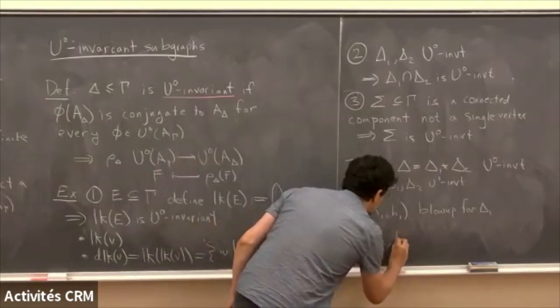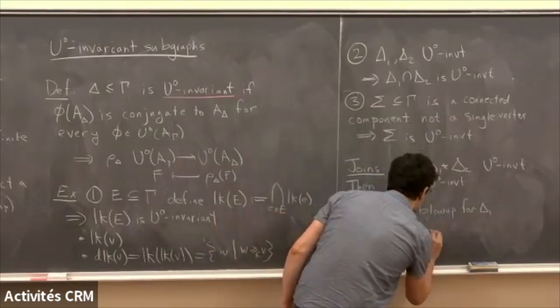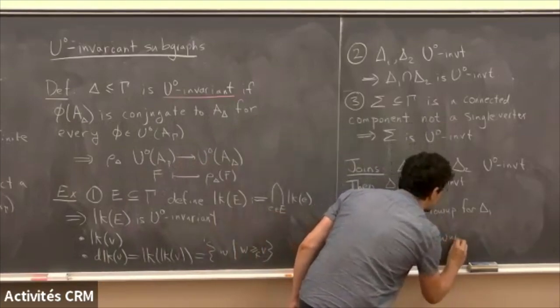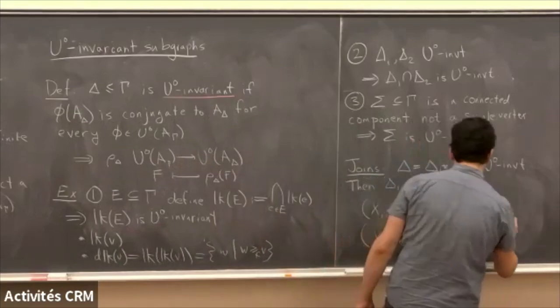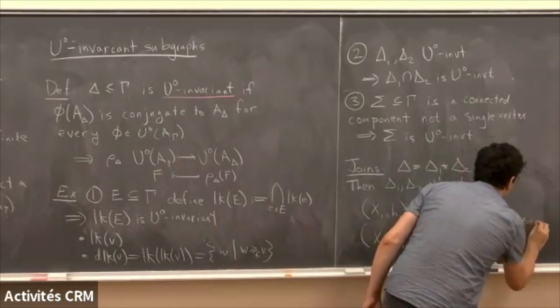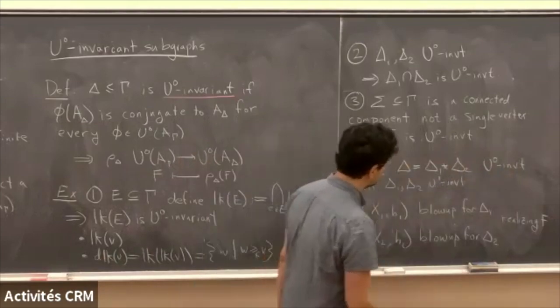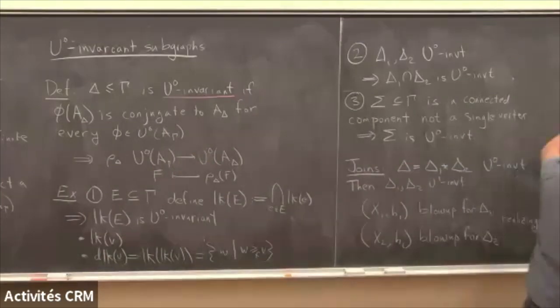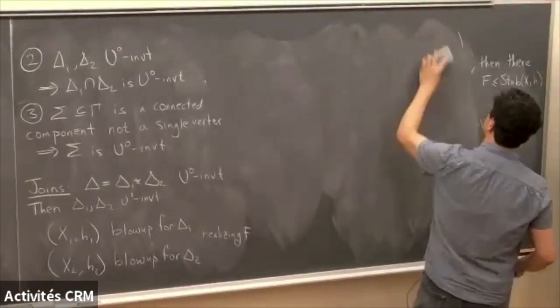And say I also have H2, X2, a blow up for delta 2. And both of these realize the restriction F. Well, it turns out that any blowup for delta is just the product of two blowups for delta 1 and delta 2, as you might guess.